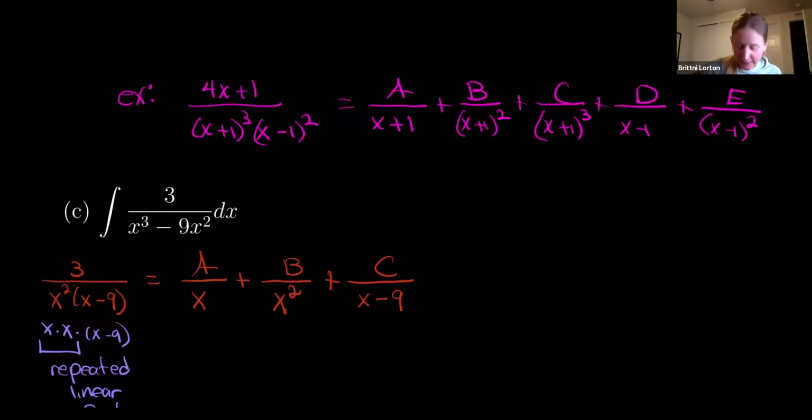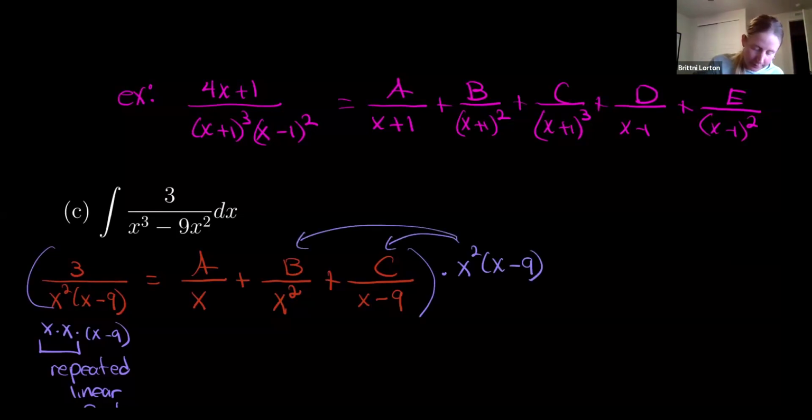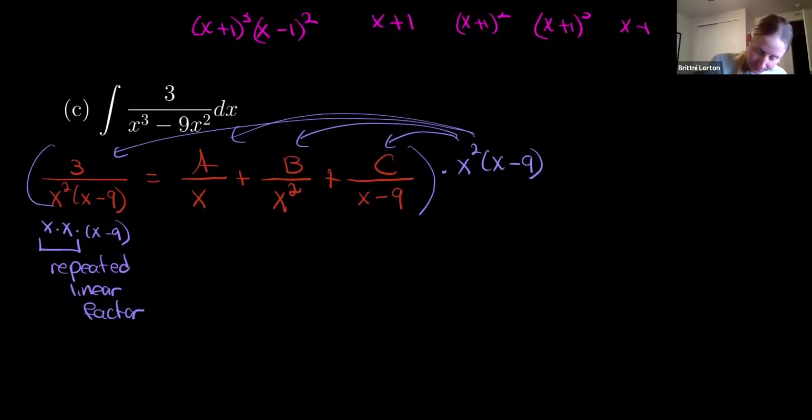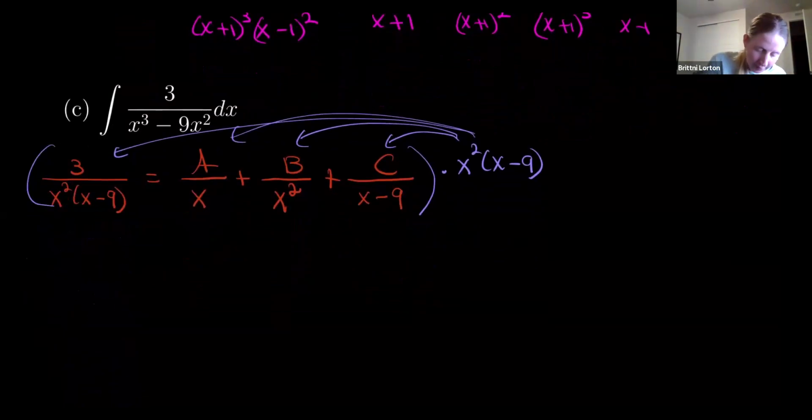Okay, once you have it set up, then the process is exactly the same. Multiply both sides of that equal sign by the original denominator, because that will be the least common denominator, and then you distribute across and you see what cancels. All right, so we're going to do that. I'm going to get rid of this vocabulary on the left side of that equal sign.